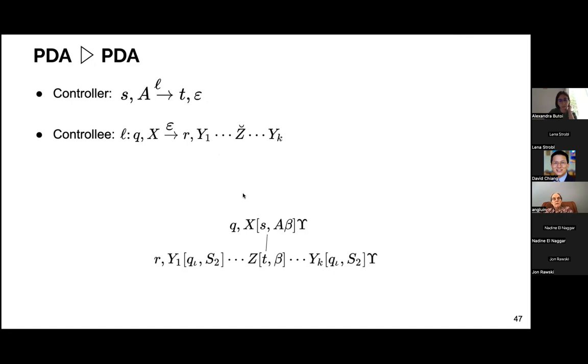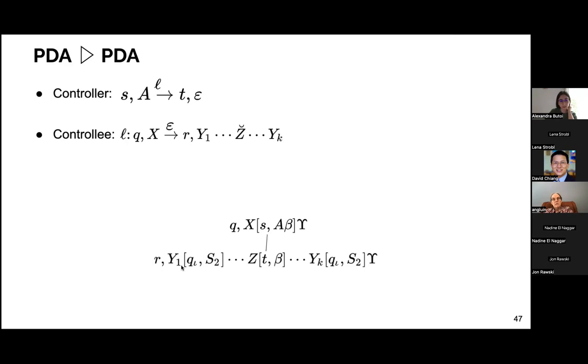So if you have a node like this, Q, and you have on top of the stack a symbol X that's augmented with the configuration S, A, beta, and then upsilon, which is a sequence of stack symbols, in the next step you generate a node which pushes these symbols on top.